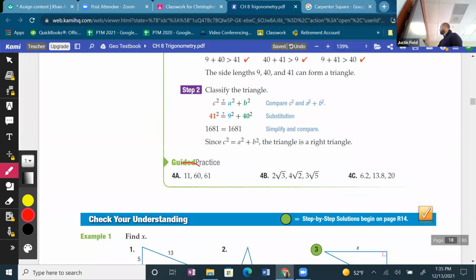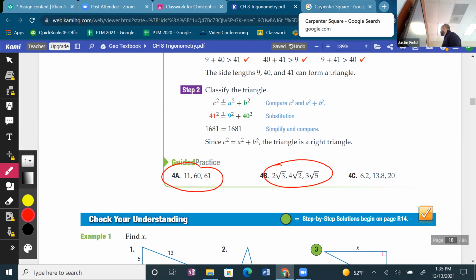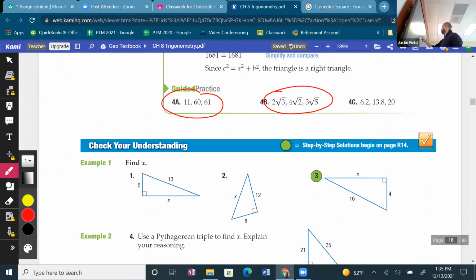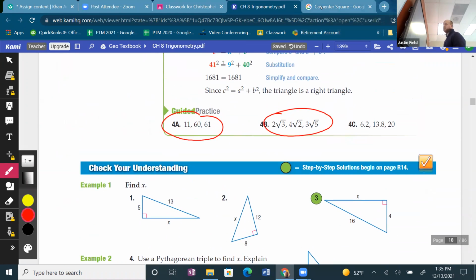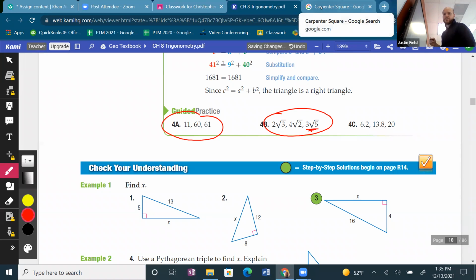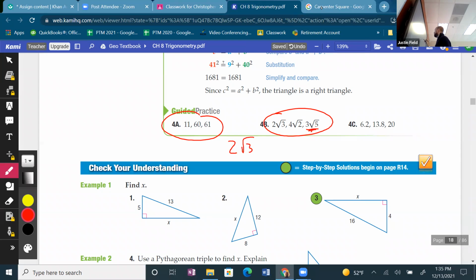All right, so go ahead and try that. Maybe we should do this one here, seeing as it has those square roots. So let's consider this the longest side because it has the biggest numbers. And so we're going to do 2 root 3 squared plus 4 root 2 squared. And we're going to say, is it equal? Is it greater?